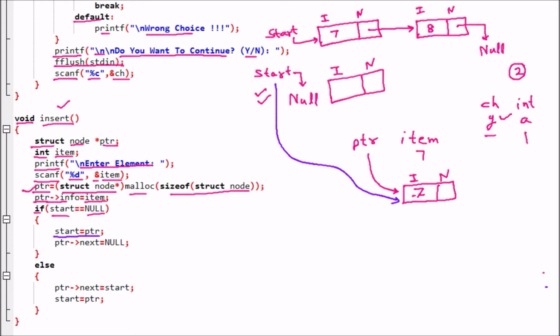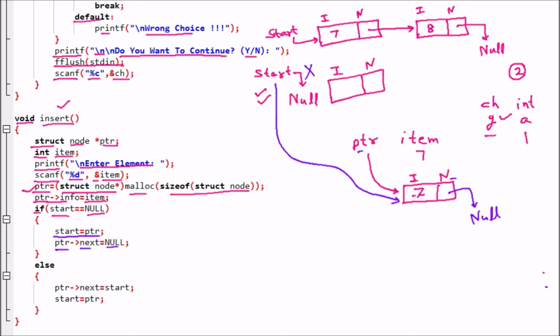The start is not pointing to null anymore. So this pointer is modified, and start is now pointing here. ptr next equal to null. So ptr next, this one, equal to null. So here we can see that successfully one node is added to the start, and the node is 7. So this 7 is inserted.